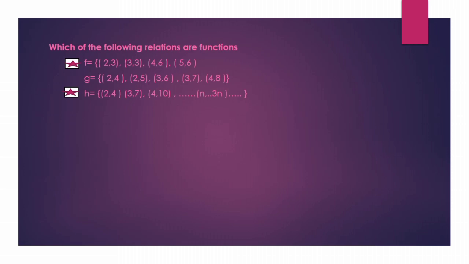What about the relation G? The relation G has x values 2, 2, 3, 3, and 4. So 2, 2 and 3, 3 repeat. Therefore, it is not a function. Very good.